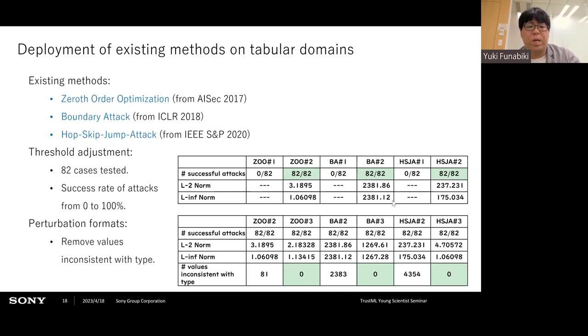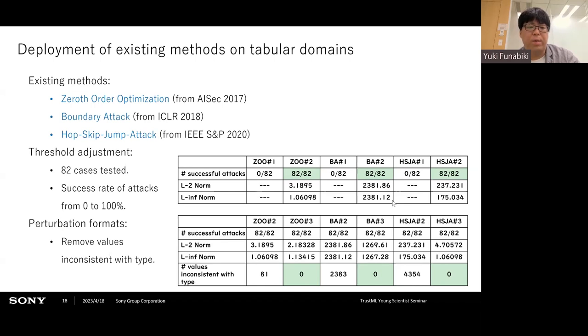After that, we tuned the threshold in the generating phase and selected a more suitable initial perturbation. After that, we could achieve a 100% success rate. This is the first and second experiment.